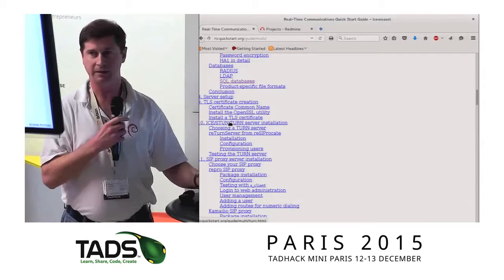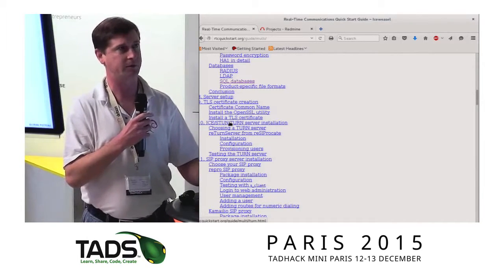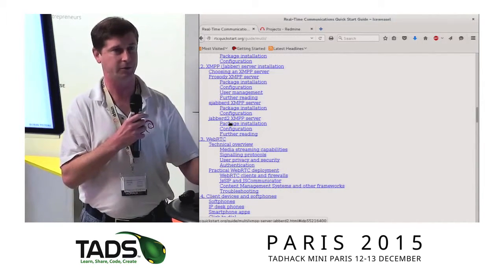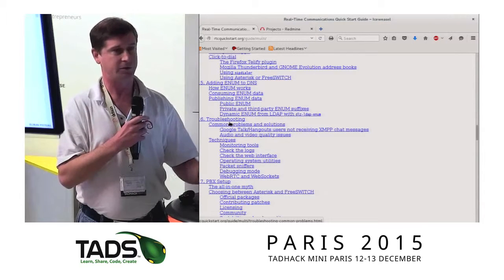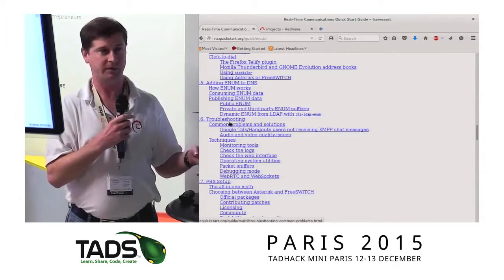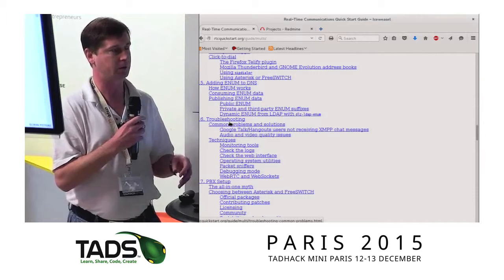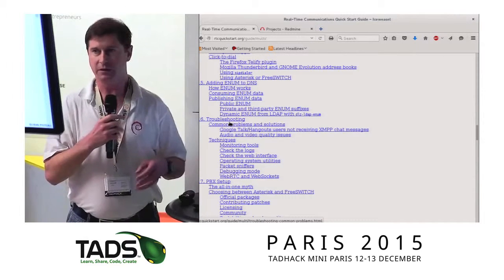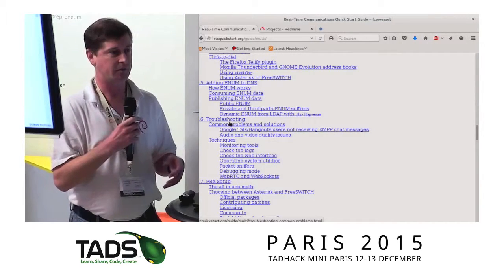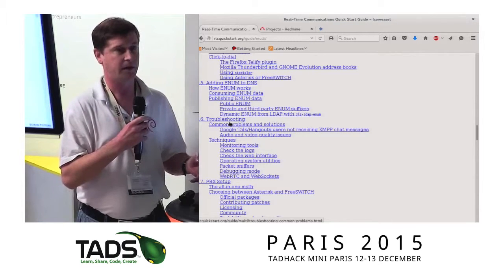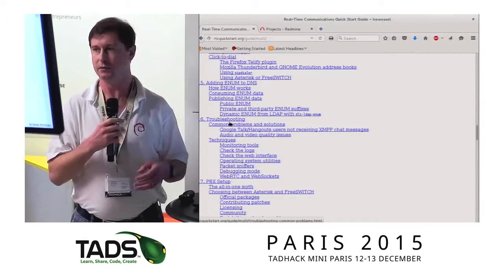There's quite a lengthy index there. It would take you a day or two to actually read the whole thing. And there are lots of different things about how to set up your DNS, your firewall, certificates, all the different things you need to do if you want to run RTC services yourself on your own servers.